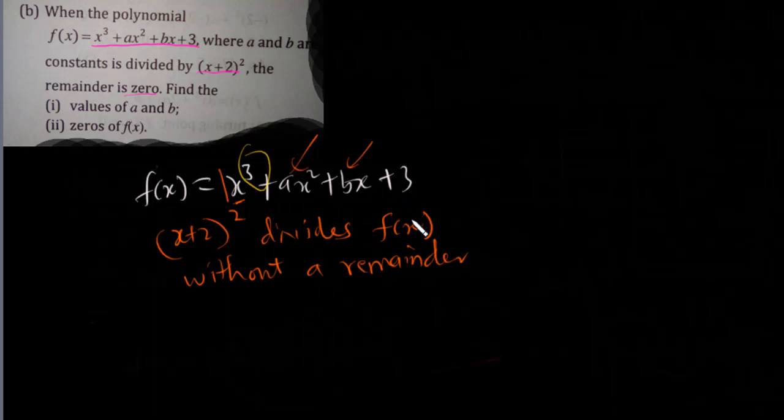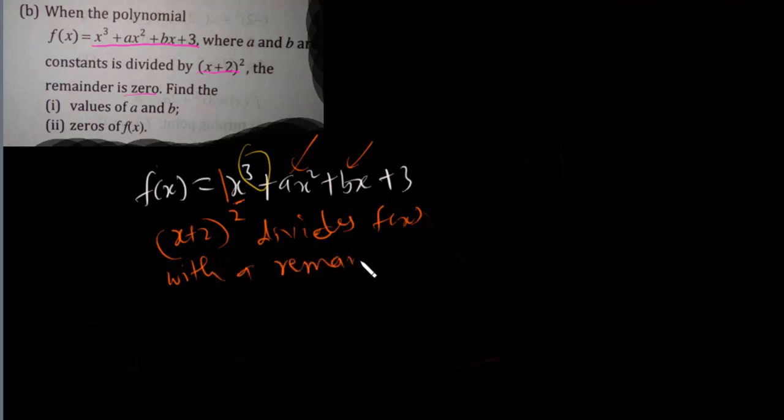That is the same as without a remainder. Let me put it that way so that I state exactly what the question is saying: it divides f(x) with a remainder of 0.